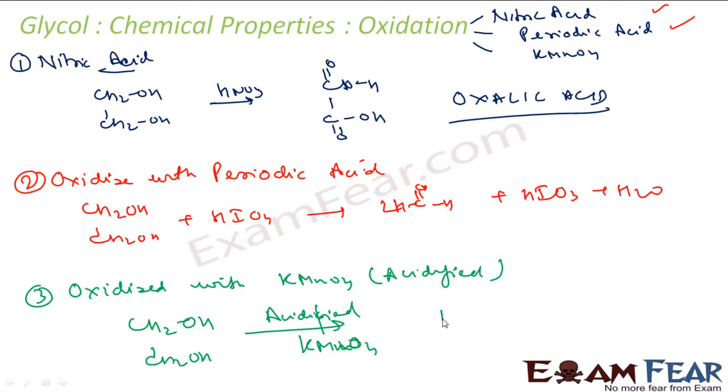What you get is HCOOH. So if you see, the output is different, right? This is oxalic acid, this is formaldehyde, and this is carboxylic acid. Output is different depending on the oxidation agent we use.